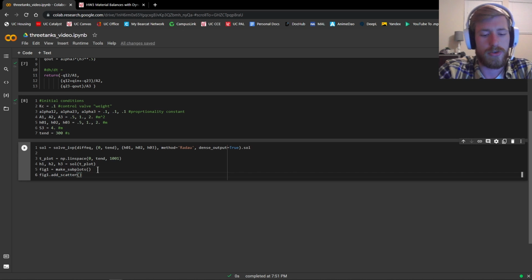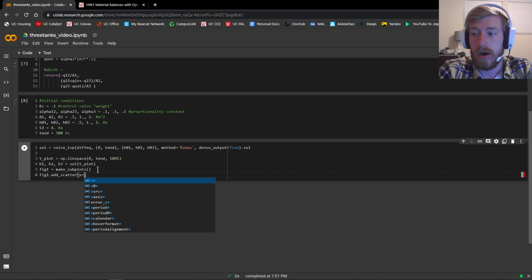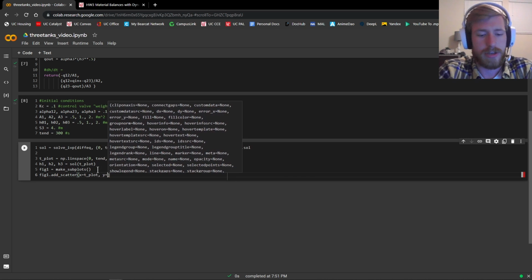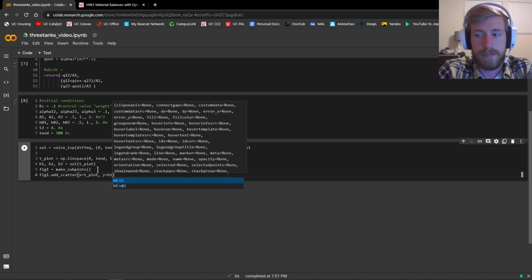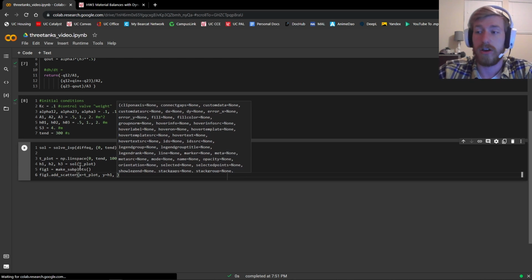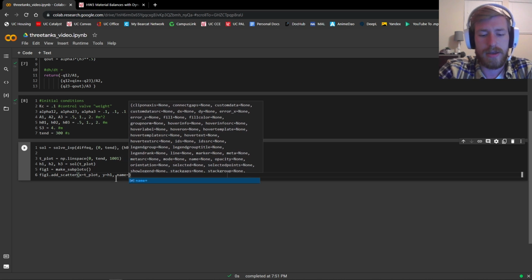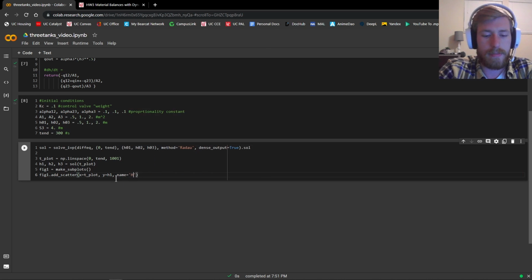So we're going to do x is equal to our t-plot, which is easy, comma, our y is going to be equal to h1, because again, that's the output of the function, not the differential equation of change in height over change in time, but the actual height in terms of time, the height over time equation that we got from our sol. And then we're going to name that, we're just going to call it height 1.